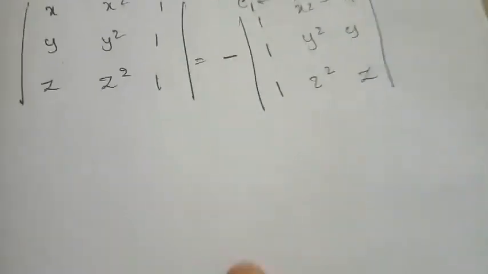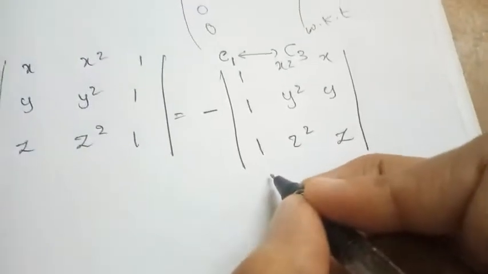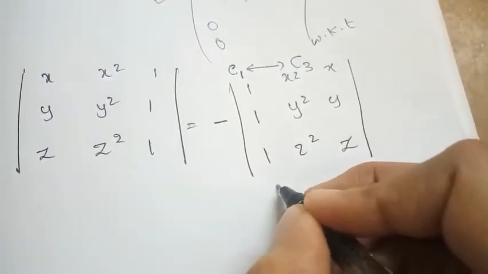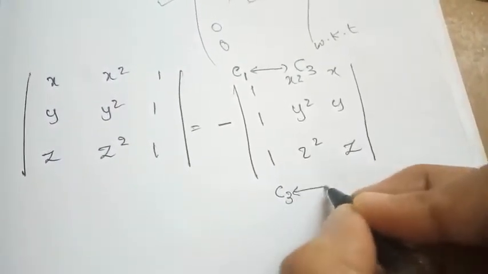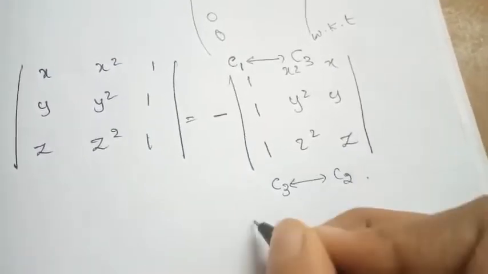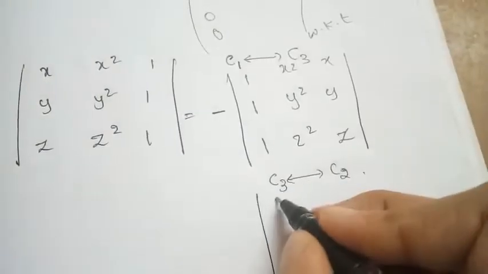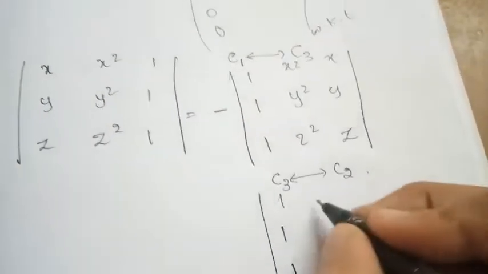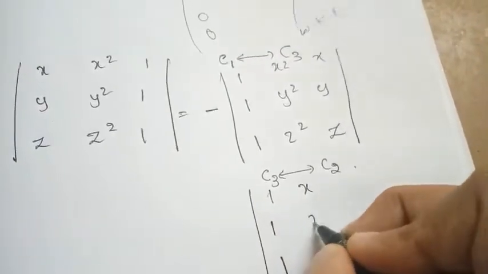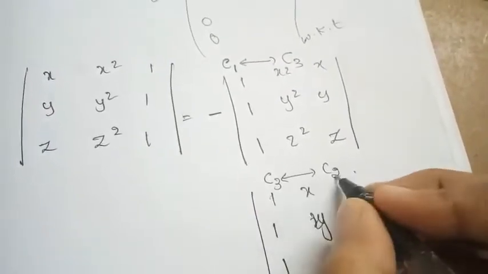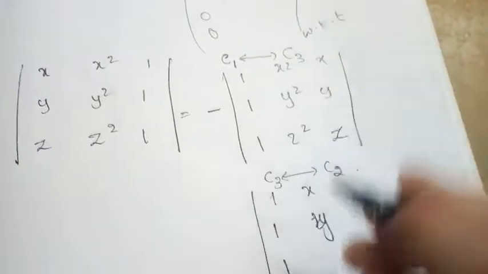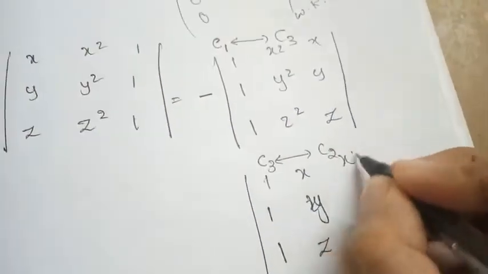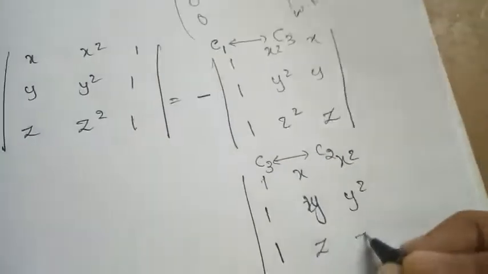Now again I am changing two columns, that is C3 is interchanged with C2. So after changing C3 with C2, what does it become? 1 1 1 as it is. C3 is interchanged with C2, so this one becomes C2. So x y z, x square, y square, z square.